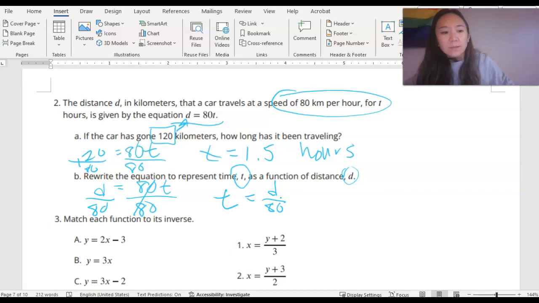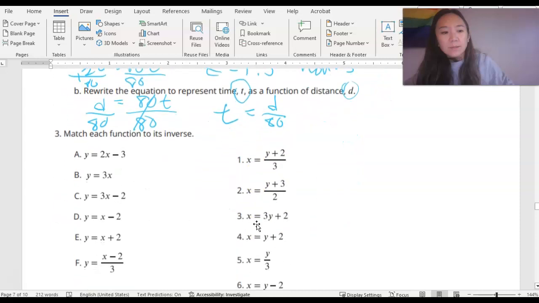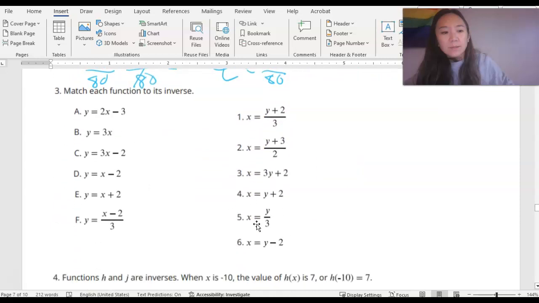All right, moving on to number 3. We're matching these to the inverse. To get the inverse of this, we'd solve for x, so we'd add 3 on both sides and then divide by 2. So we should have y plus 3 divided by 2, and so that would be number 2 right here.